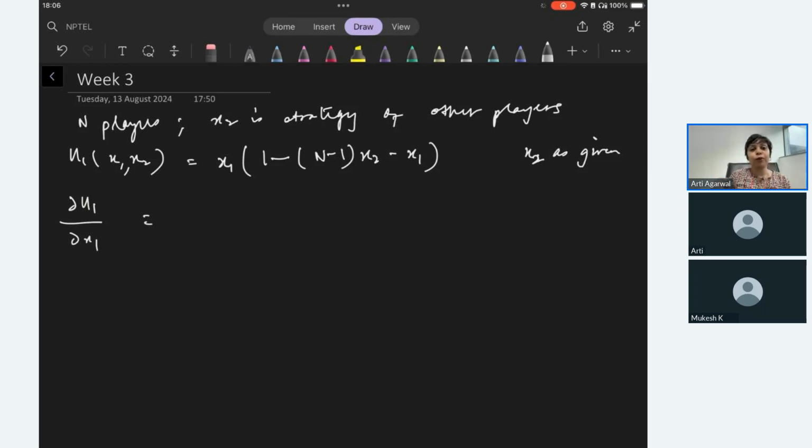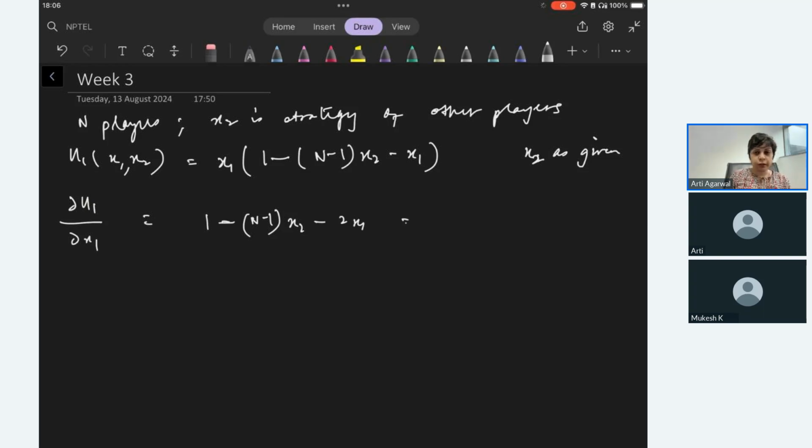In a game, you can only control what you are doing. Even if other players are playing the same strategy as you, it is still not your strategy. It is not within your control. Which is why when we write this expression, we write X1 and X2 separately, and when we take the partial derivative, we take that accordingly. So this comes out to be this equal to 0.